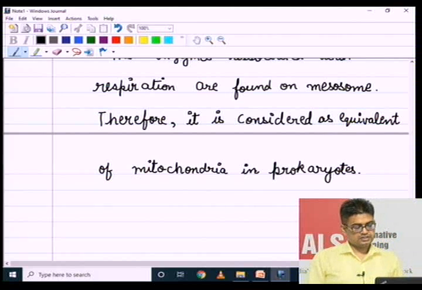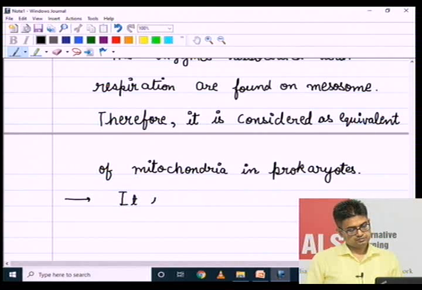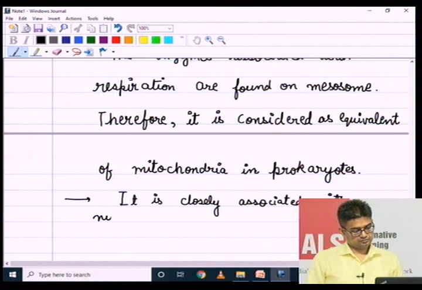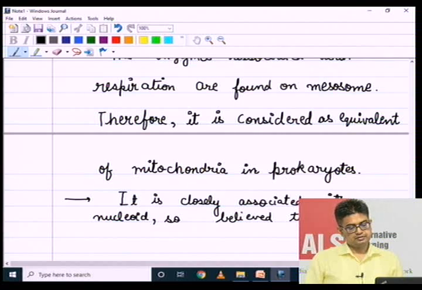It is closely associated with the nucleoid, so it is believed to help in binary fission.